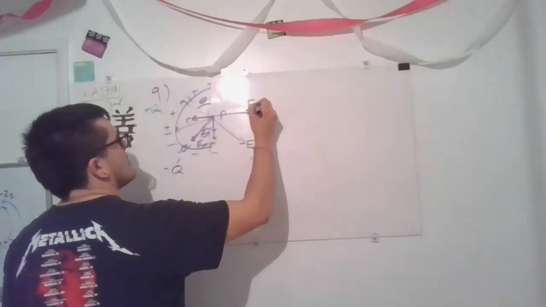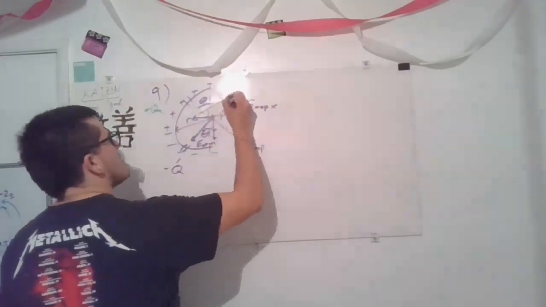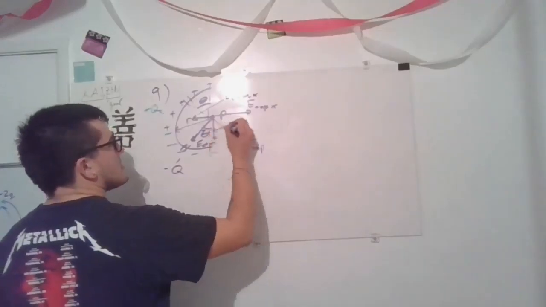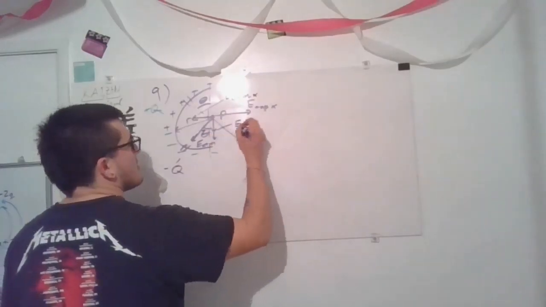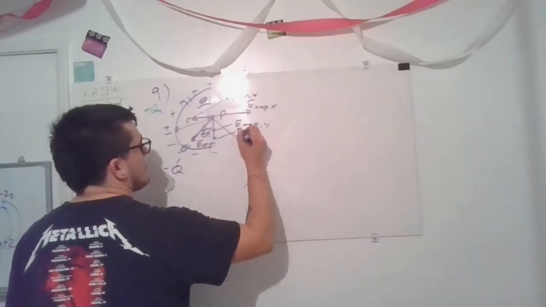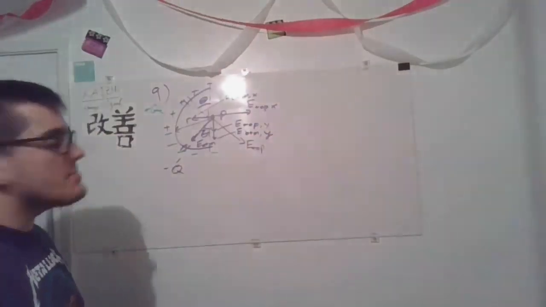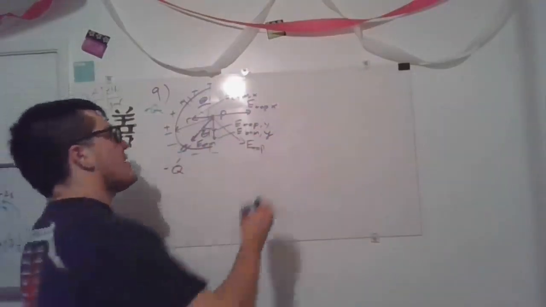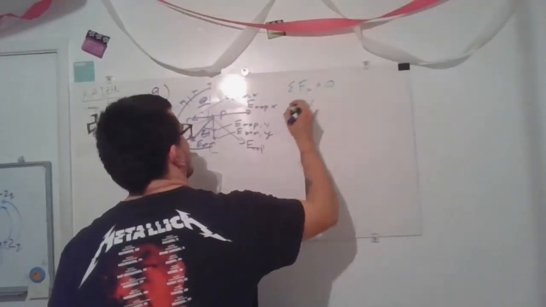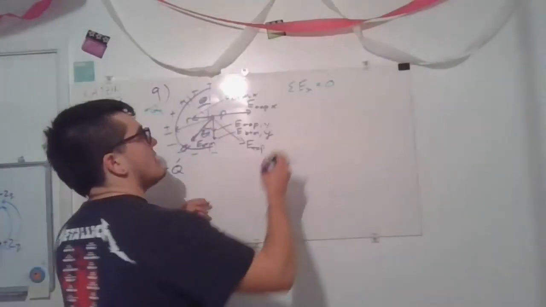This is going to be E top X. This here will be E bottom X. This here will be E top Y. And this here will be E bottom Y. So you can see that due to the diagram, the sum of the electric field in the X direction is 0. And then just sum up the electric field in the Y direction.